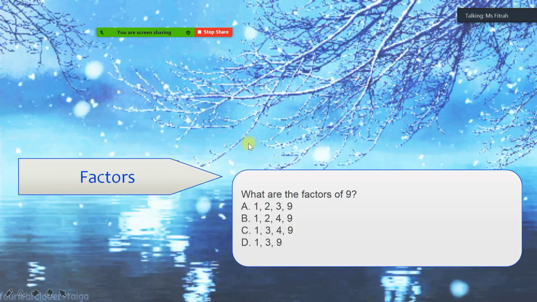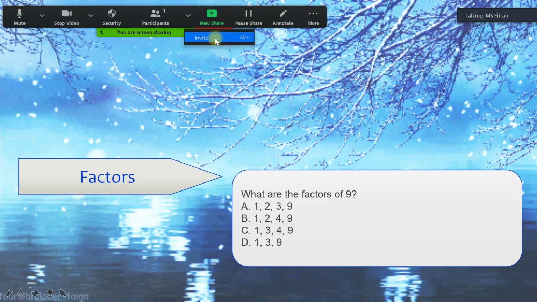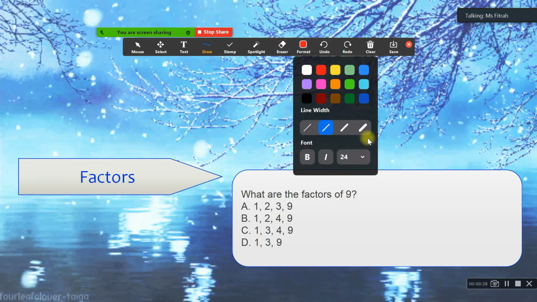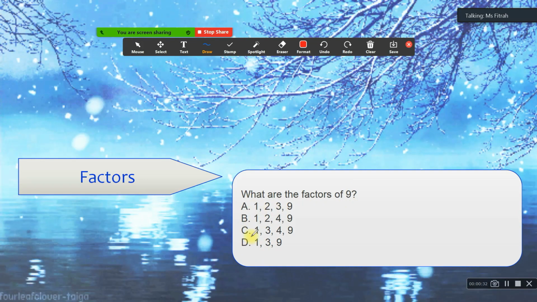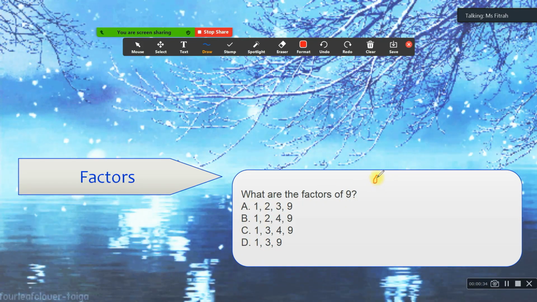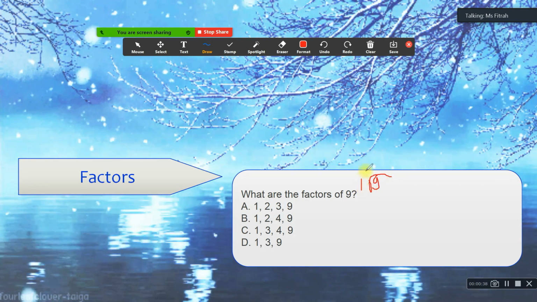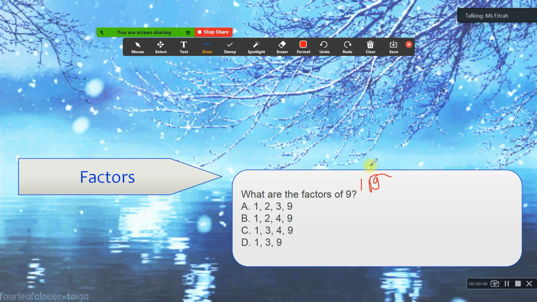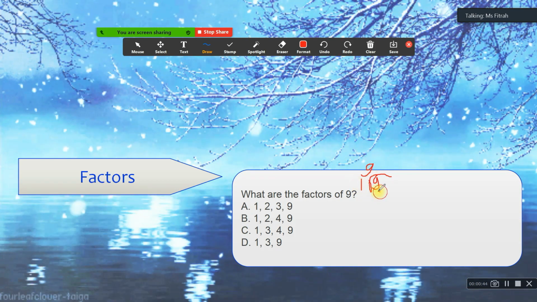The next, still factors. What are the factors of 9? So we can divide 9 by all the numbers. 9 divided by 1 becomes 9, because 9 times 1 becomes 9.